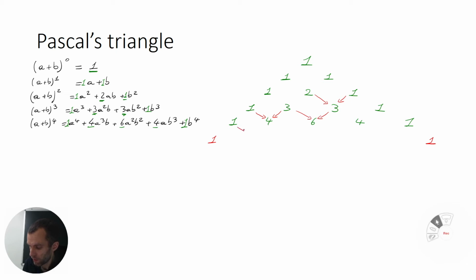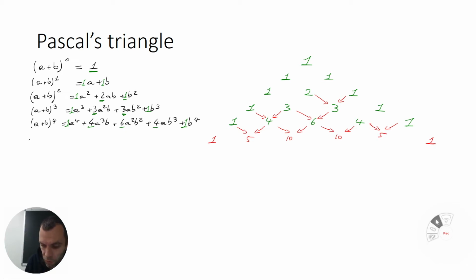So in that case we can continue the next layer of the triangle. So 1 plus 4 gives us 5. 4 plus 6 gives us 10. 6 plus 4 another 10. 4 plus 1 is 5, and then we have that one.